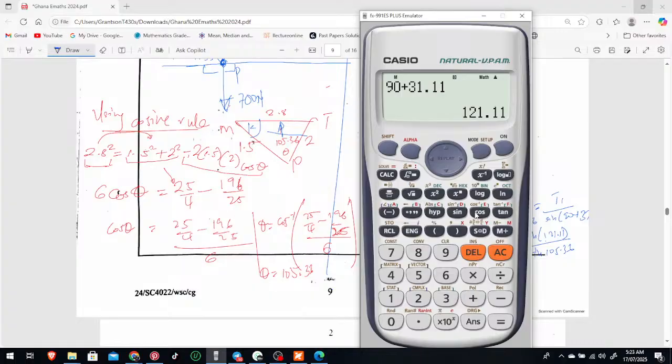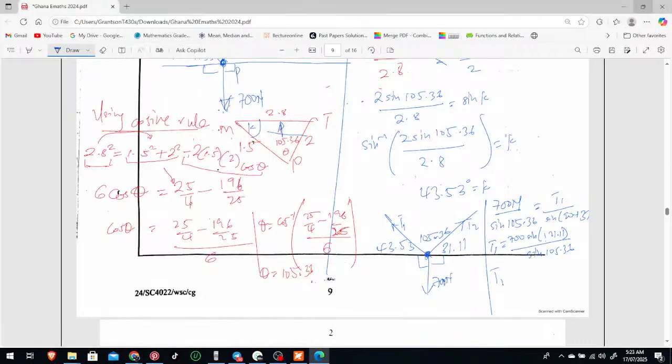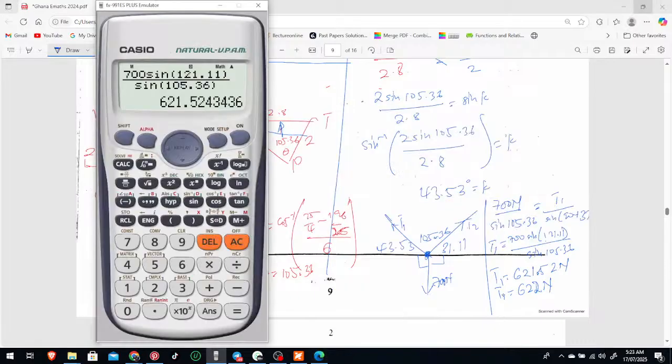You get 621.52 newtons. To three significant figures, 622 newtons for T1. Are we okay? Yes, sir.